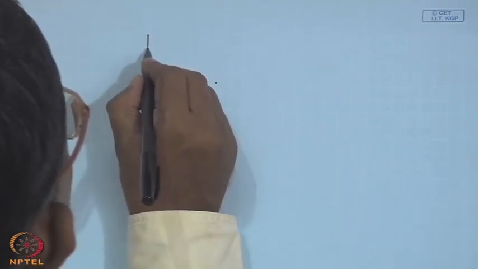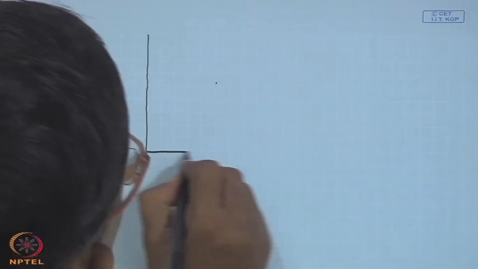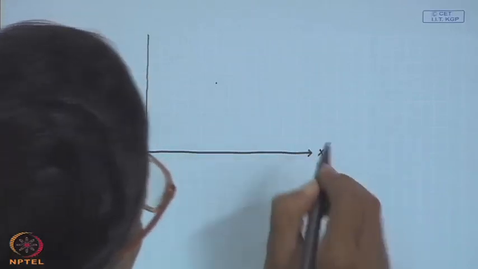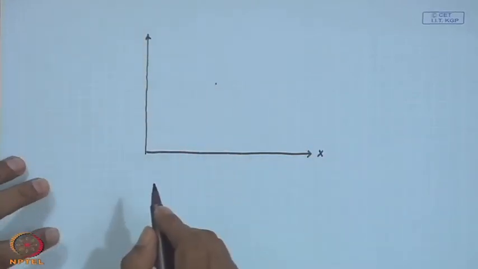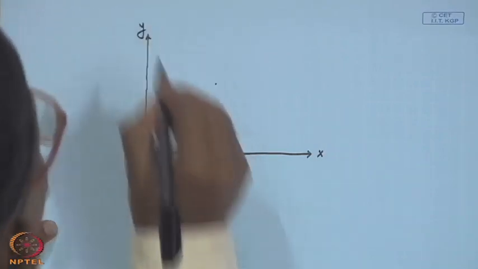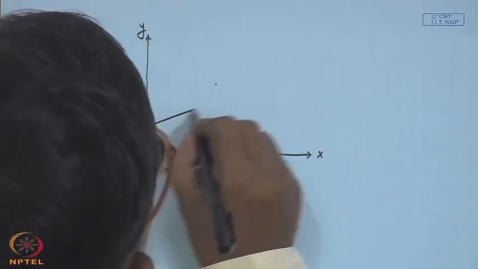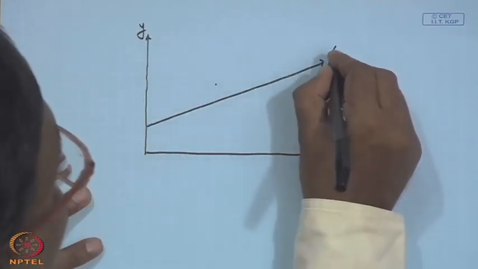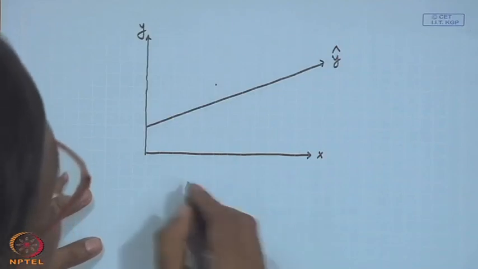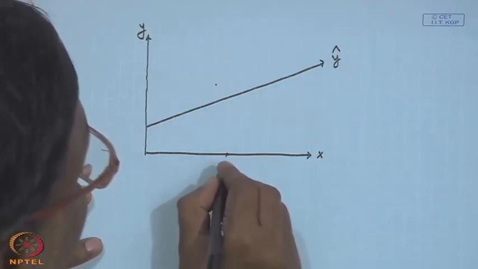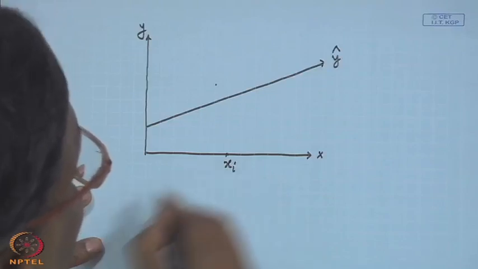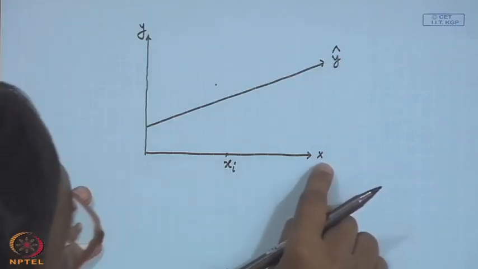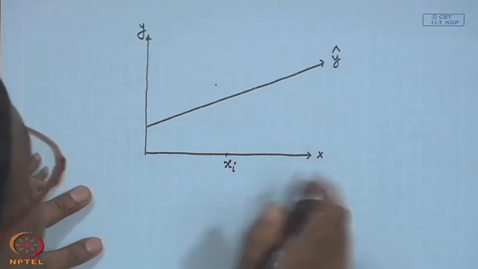In order to establish this relationship, let us explain with one variable, y versus x regression line, like this. This one is your y cap, and let there be one observation xi, that is the ith observation on x.